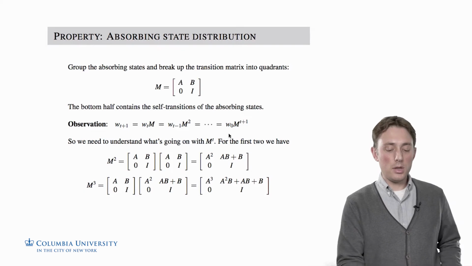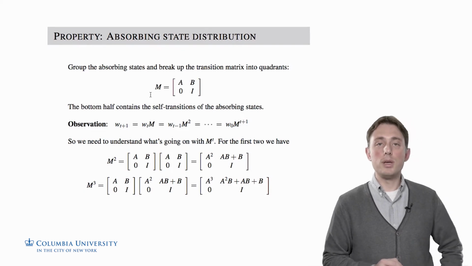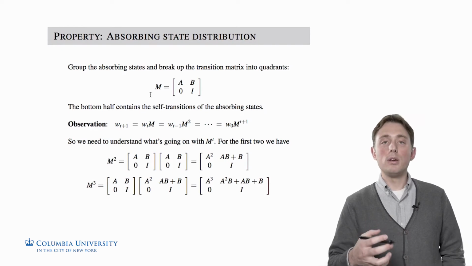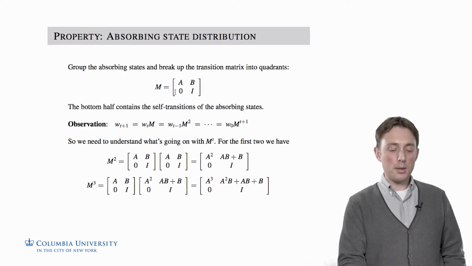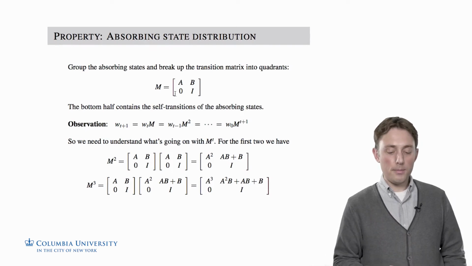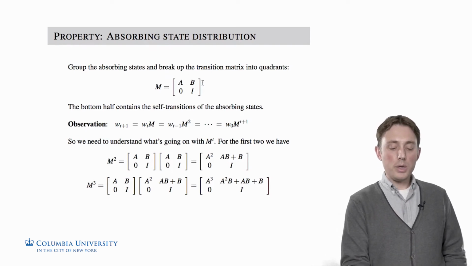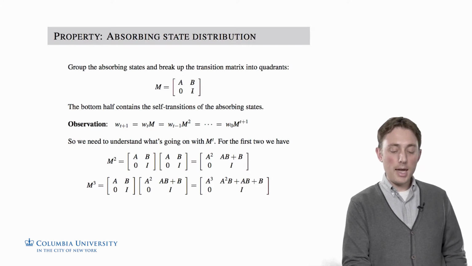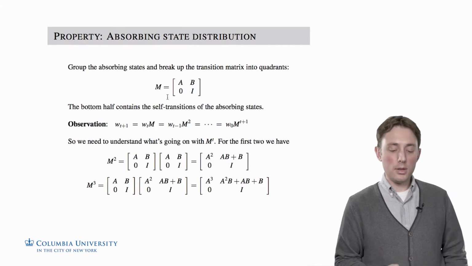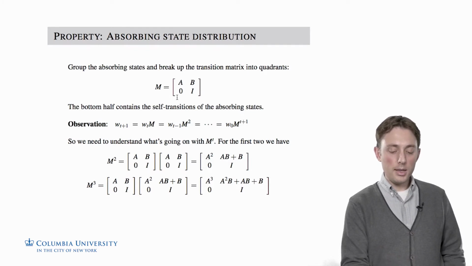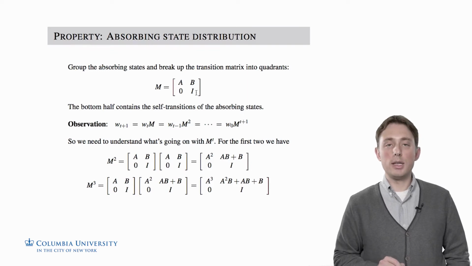Towards this end, let's rewrite the Markov transition matrix in a way that's much more convenient. Let's group the absorbing states at the bottom and the non-absorbing states at the top. If we imagine that we have k absorbing states, then the bottom k rows of this transition matrix will have a 0 in this portion and a k-dimensional identity in this portion.